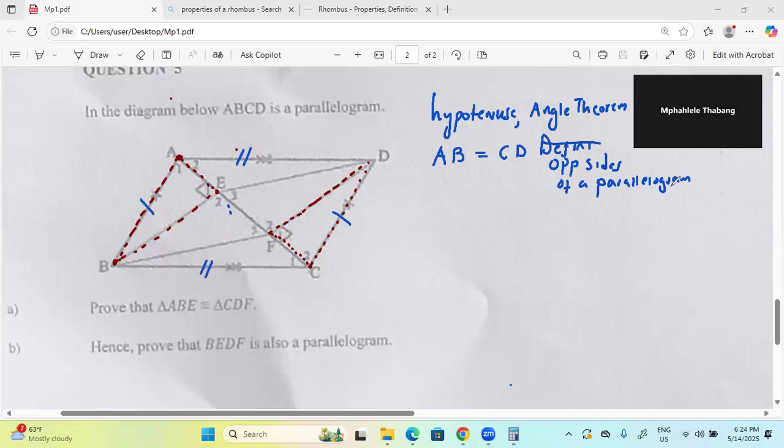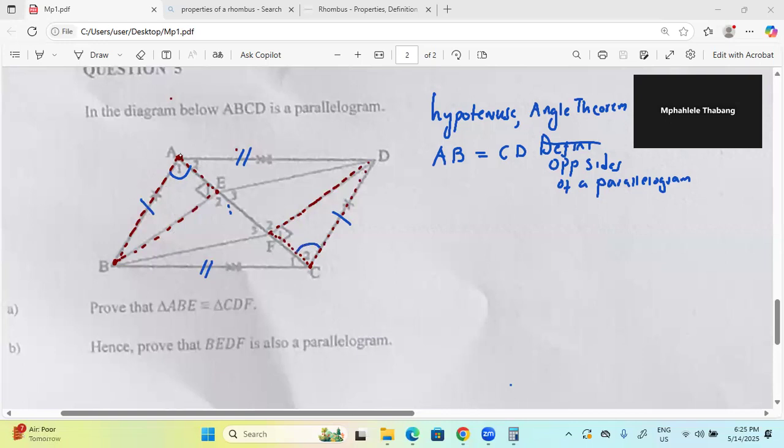If we have the hypotenuses equal, and the angles from those two triangles equal, then those two triangles are congruent. So let's check angles that are equal. I want us to focus on A1 and C2. I will say A1 and C2 are equal.